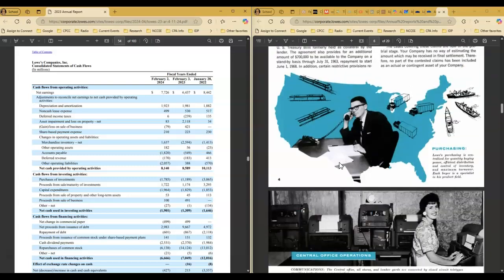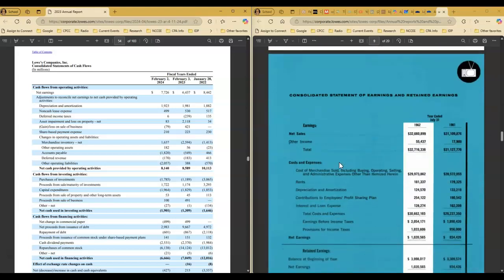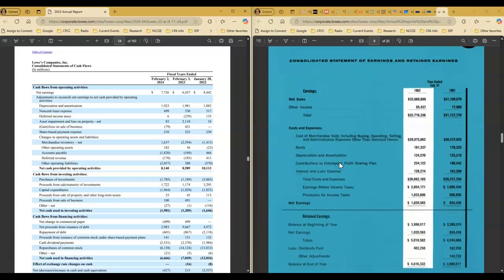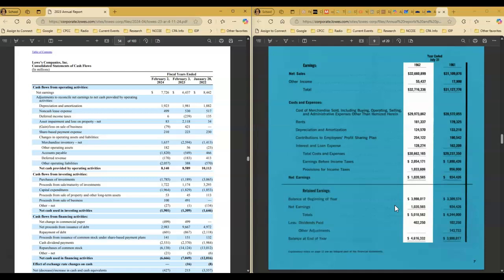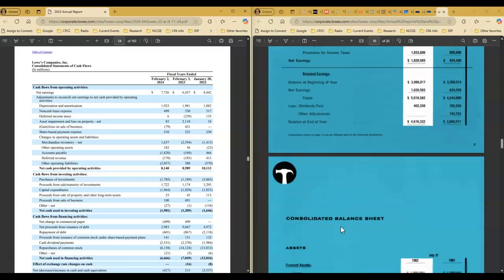All these old technology and everything else. Okay? Now, look at a couple of things here. We've got the consolidated statement of earnings and retained earnings. So there is like a half a page of an income statement versus a full page. Here's the retained earnings statement. That's about a third of a page rather than a whole page.